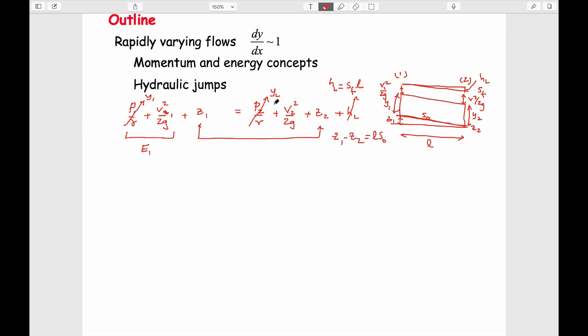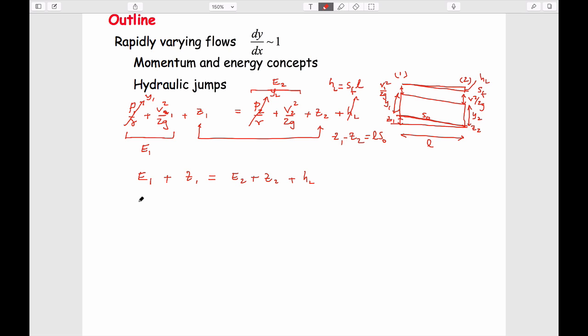These two terms are the energy downstream. And if we wanted to, we could rewrite this expression in a number of different forms. One could be E1 plus Z1 is equal to E2 plus Z2, plus HL.